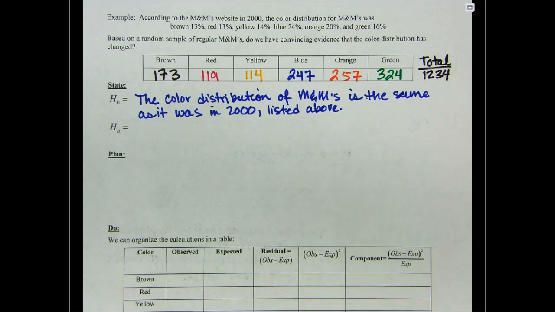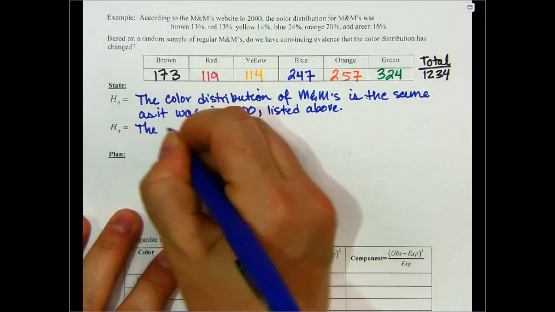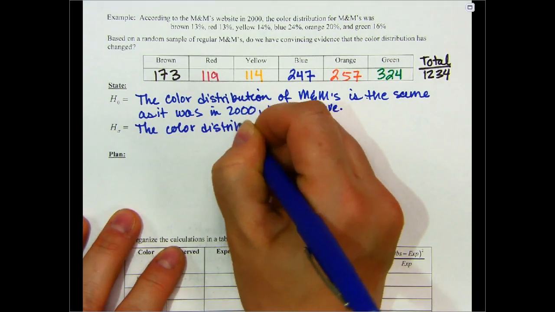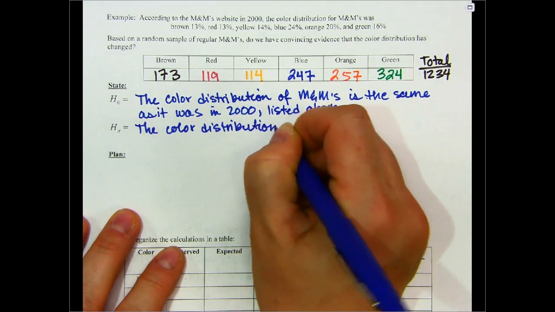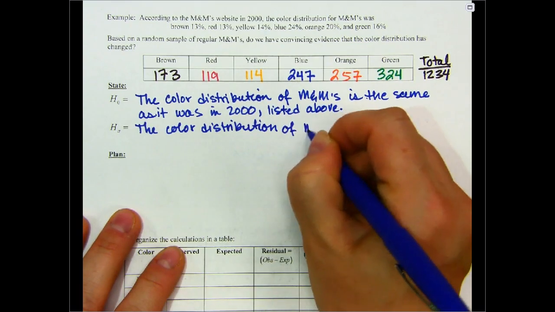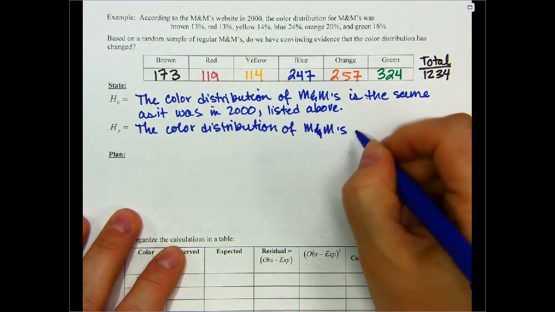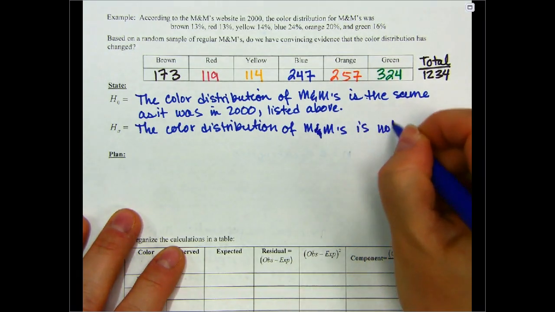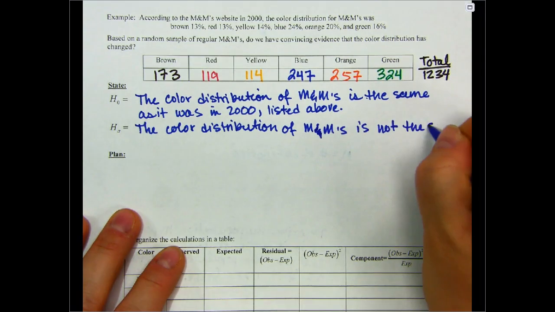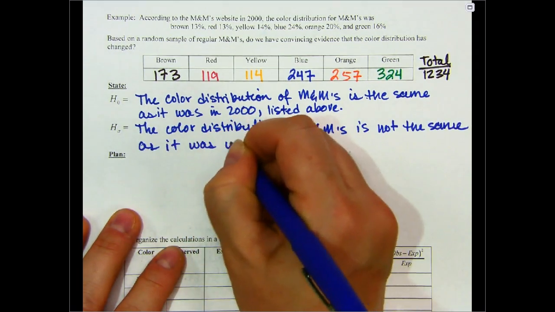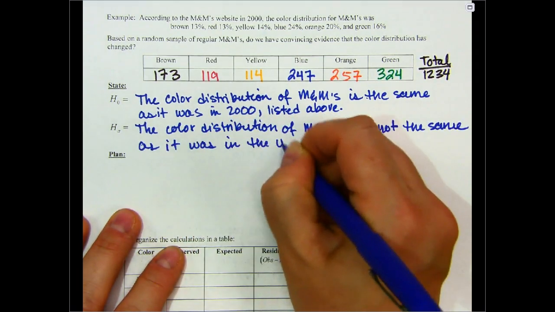Our alternative is that we don't believe that; we think it's false. The color distribution of M&Ms is not the same as it was in the year 2000.